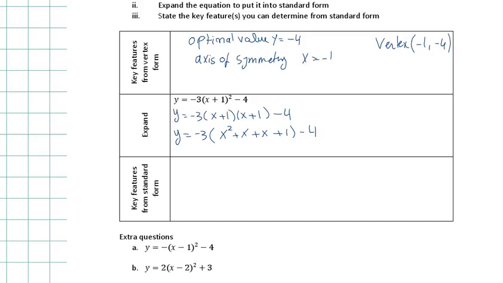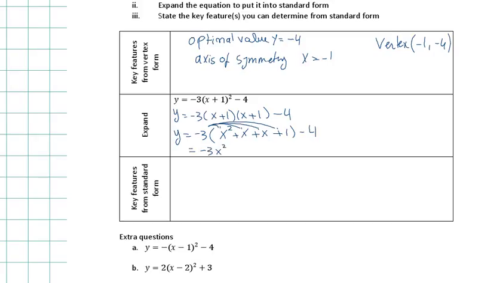Now, what else do I have to do? What do I have to multiply that negative 3 in? You remember the distributive property that we see right here? We have to do it again here, but we have to do it to all the terms that we see inside the bracket. So we have to multiply negative 3 by every single term inside the bracket. So that's negative 3x squared minus 3x minus 3x minus 3, and then take away 4.